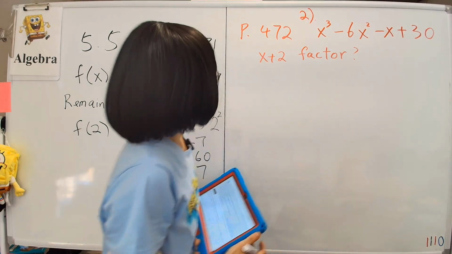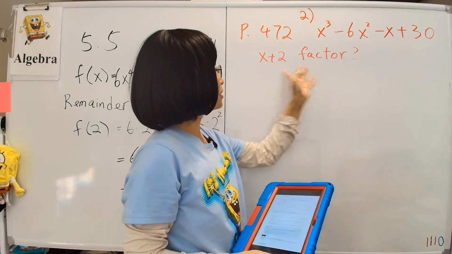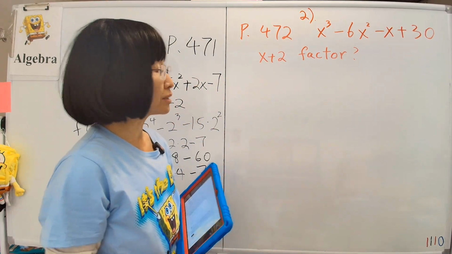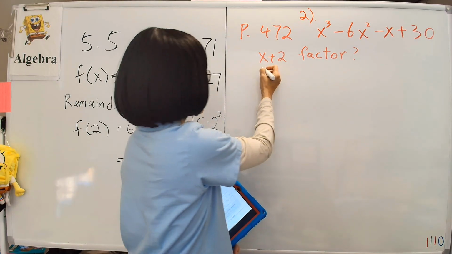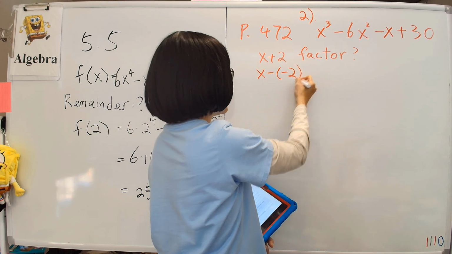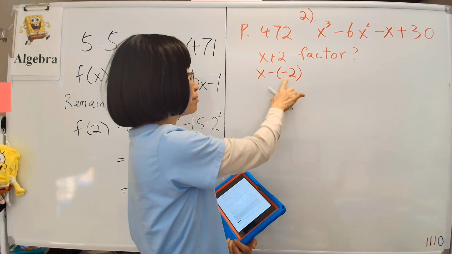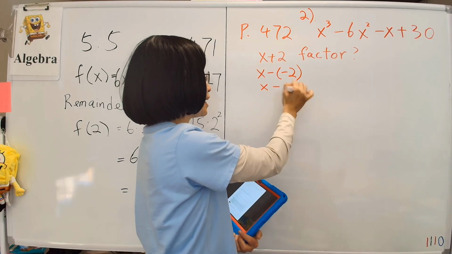Now, in example 2, we're given a polynomial and we need to show that this is a factor. We'll do that by showing that x plus 2 is the same as x minus negative 2. In the x minus k form, k is minus 2.